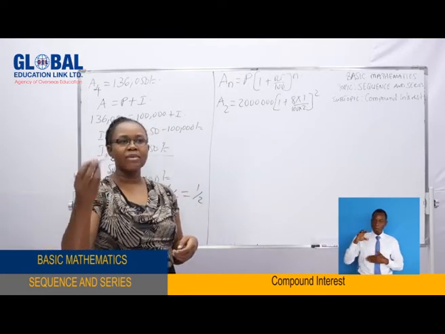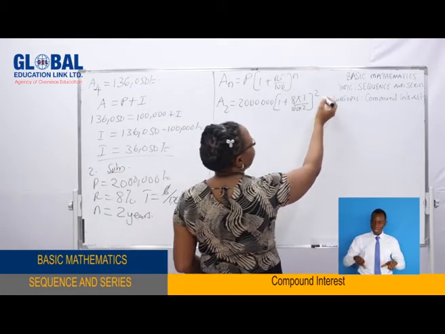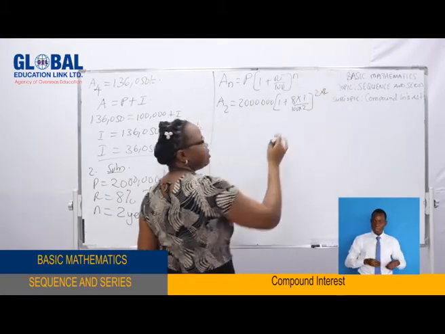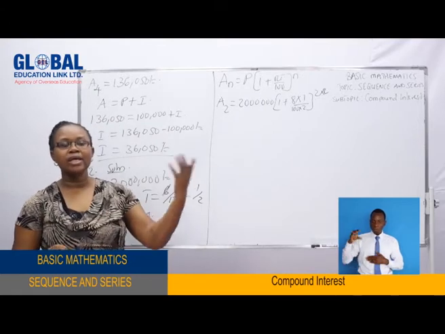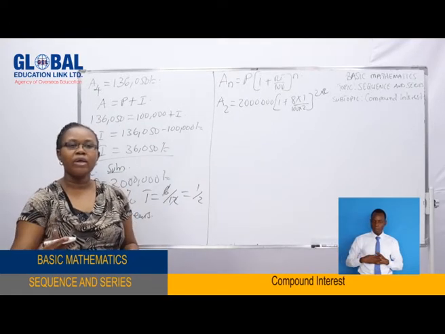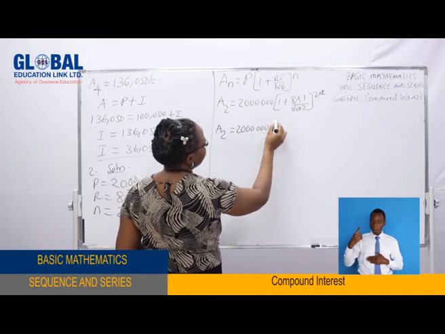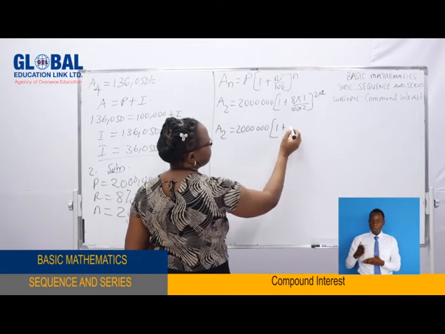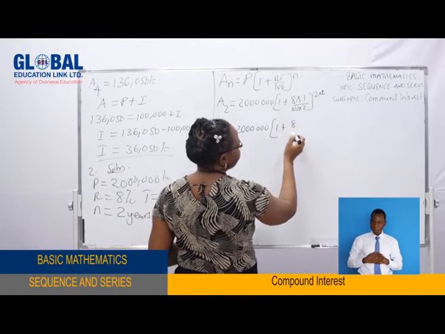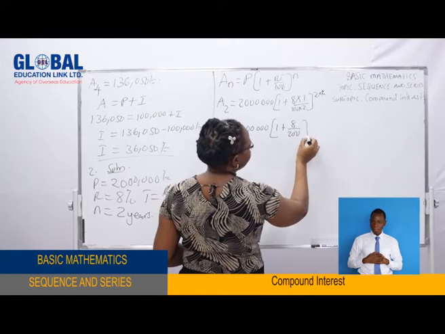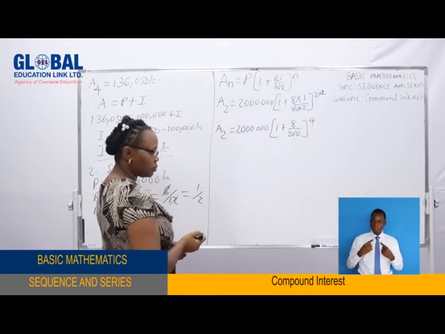When we say semi-annual, it means twice a year. So the amount will be 2 million, 1 plus 8 times 1 over 100 times 2, which equals 200, then power 4.